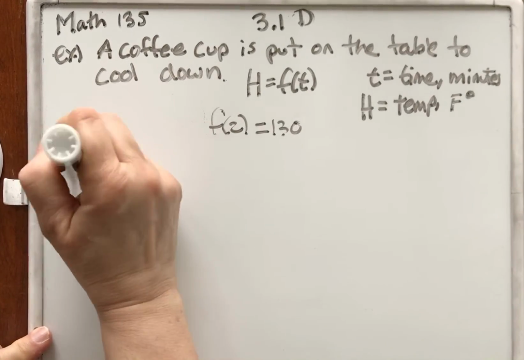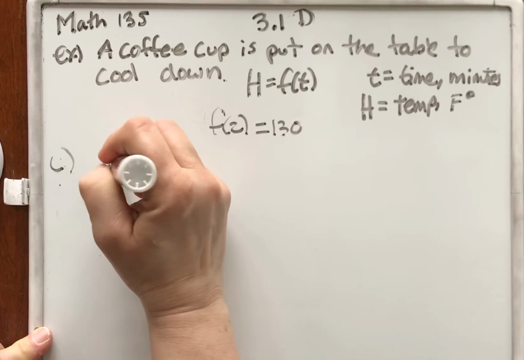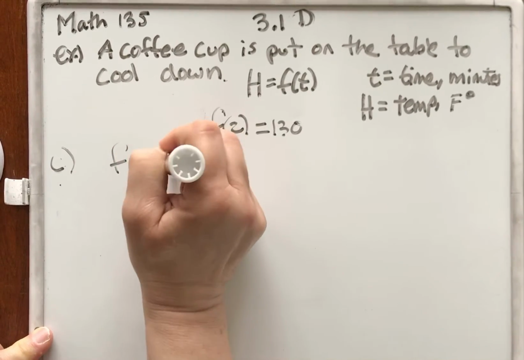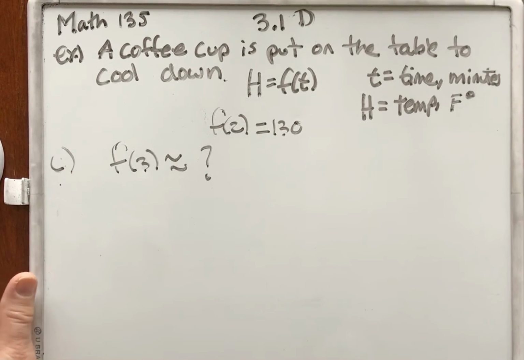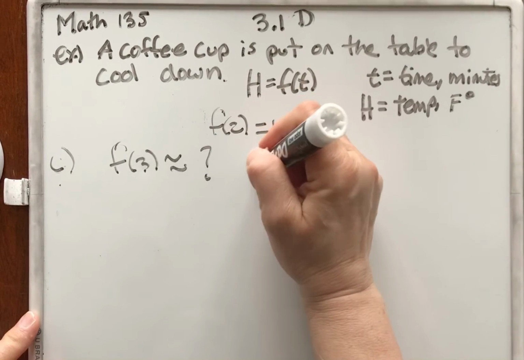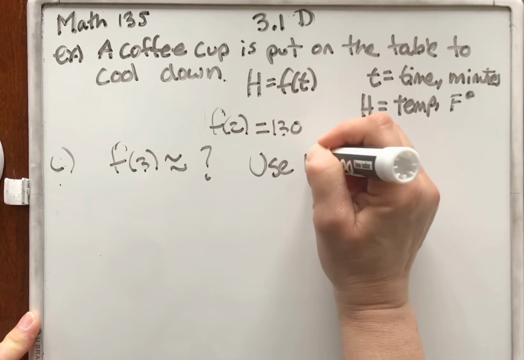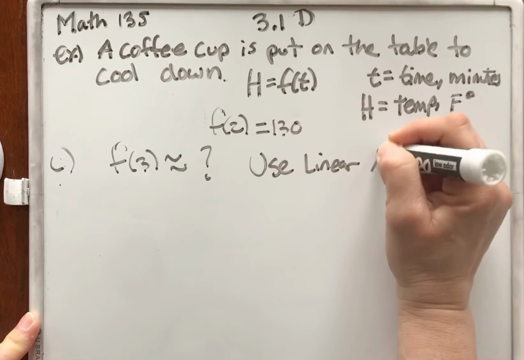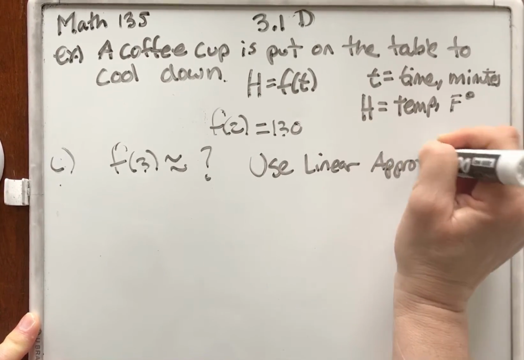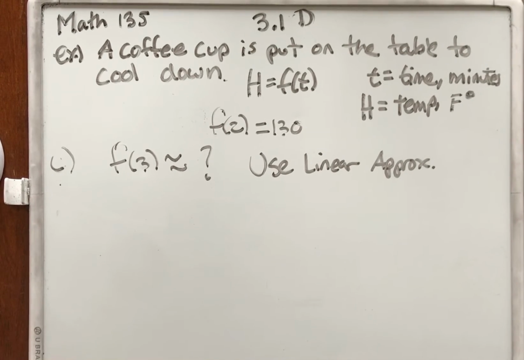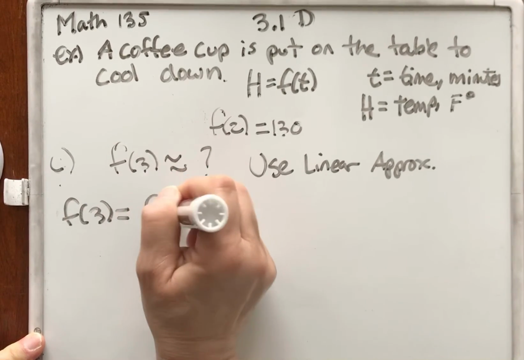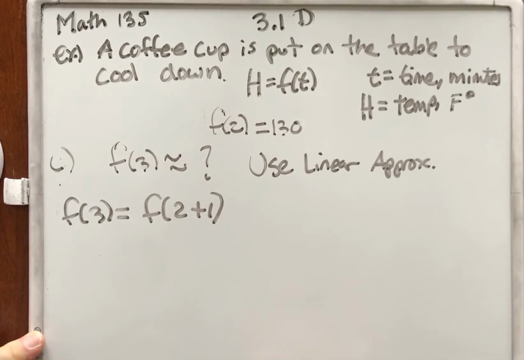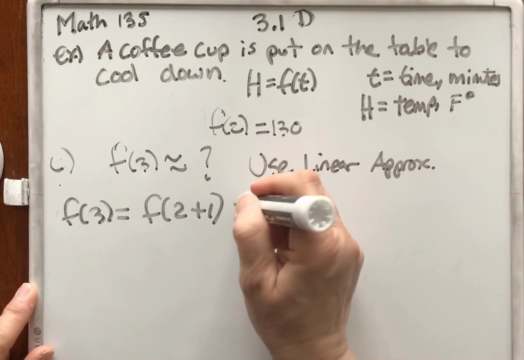Letter C. F of 3 is approximately what? What is F of 3 going to be? We're going to use linear approximation. We know F of 3 equals F of 2 plus 1, okay?